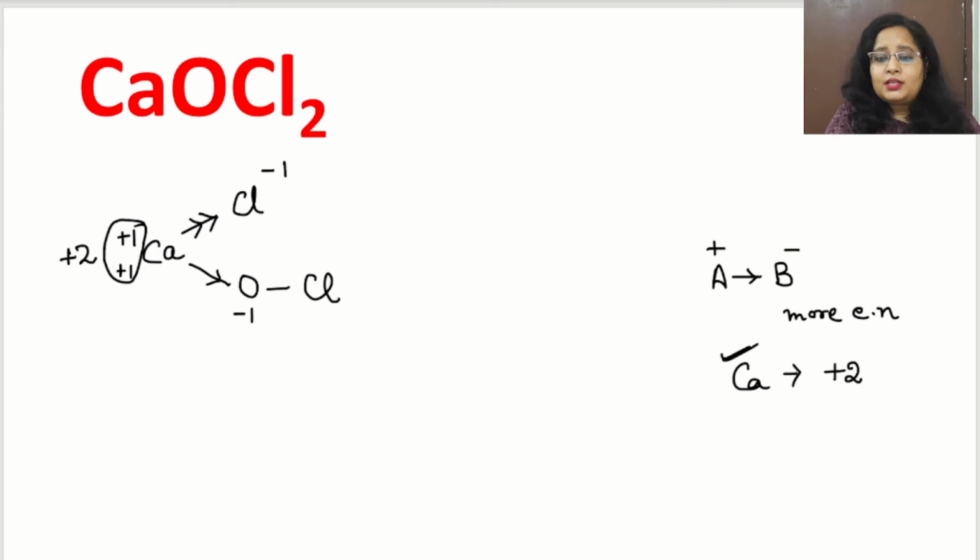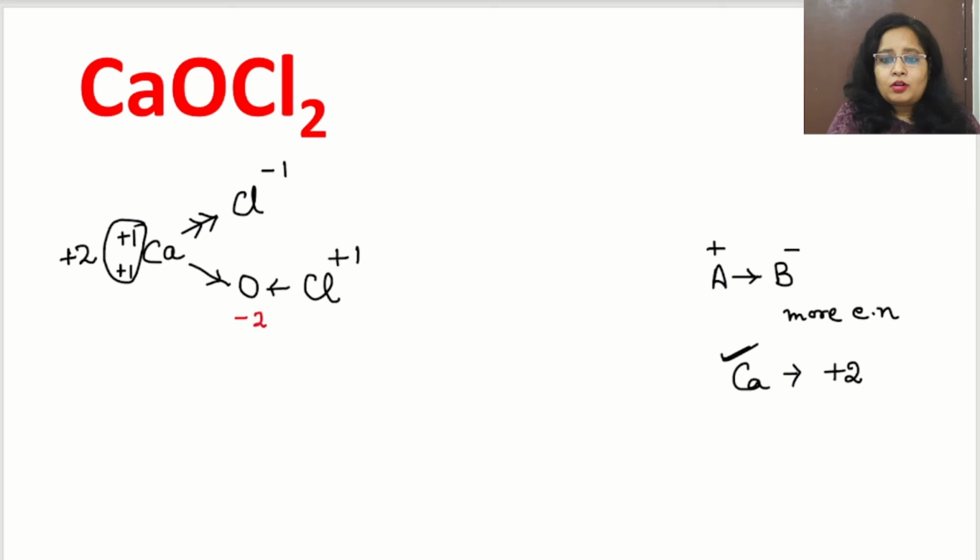So in this case oxygen will take the electron, being more electronegative, -1 charge, and in turn chlorine will have +1 charge.